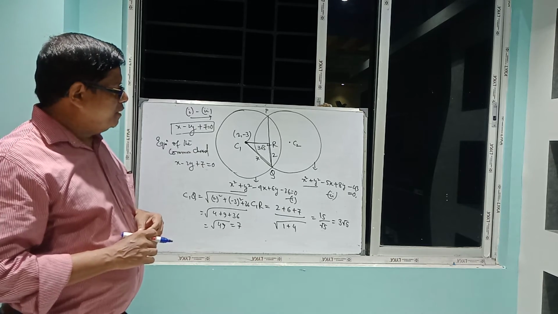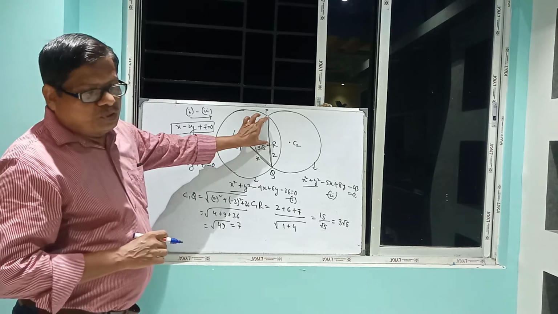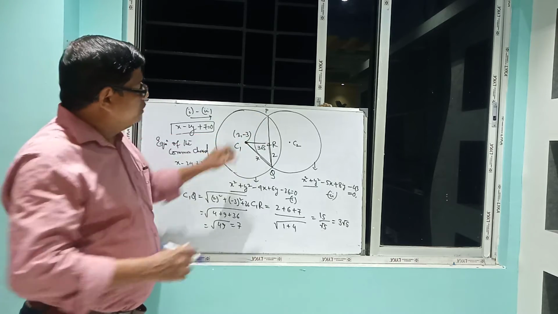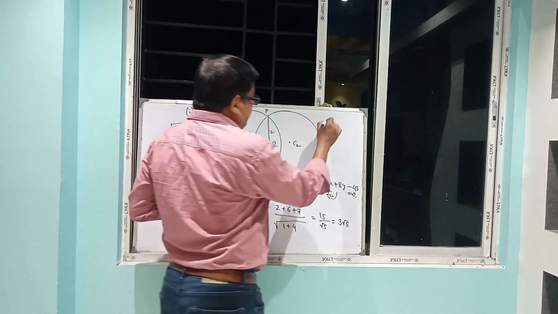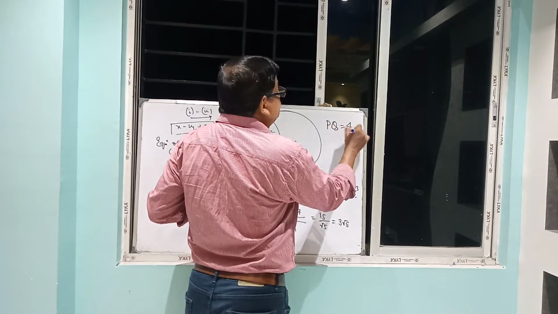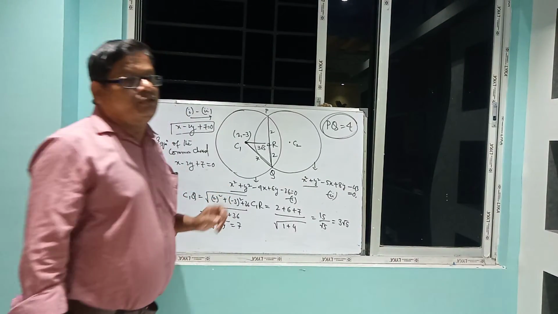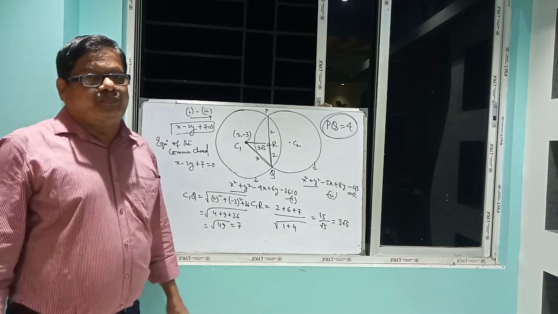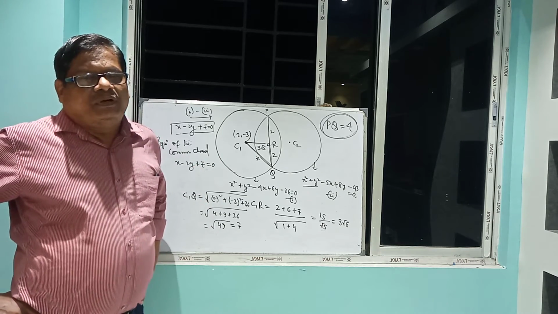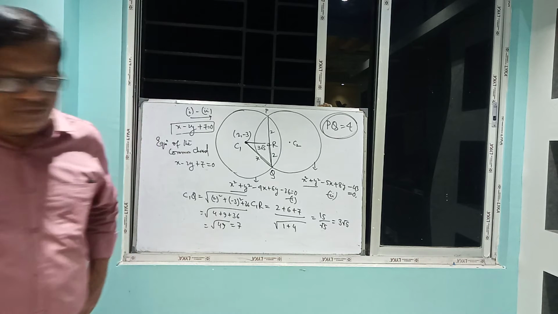If this is 2, this also is 2. Both are equal. Understood? So length of PQ equal to 4. Understood? Now do it now.